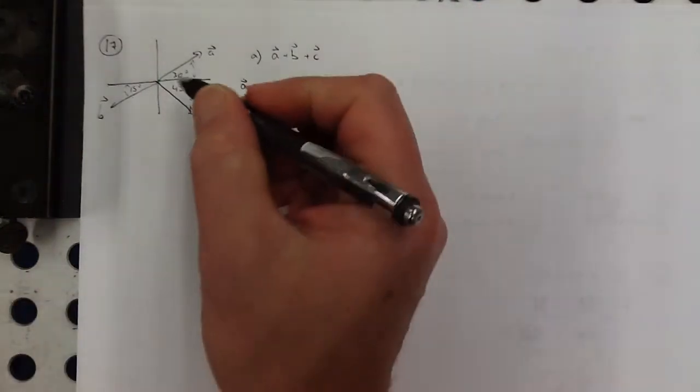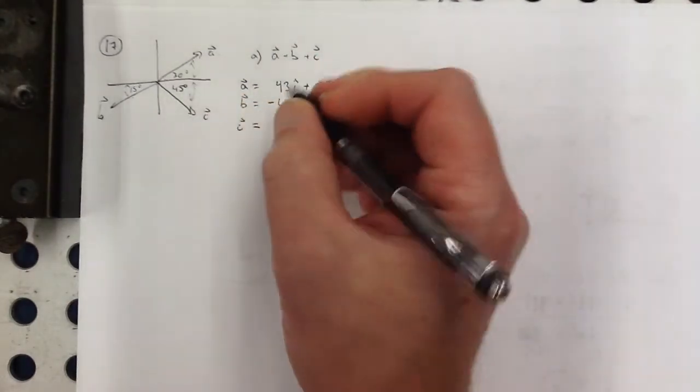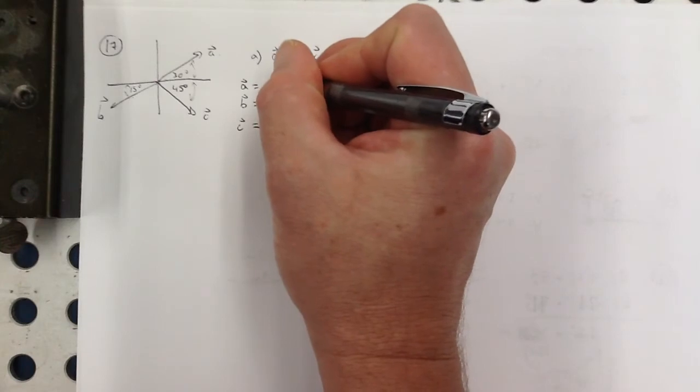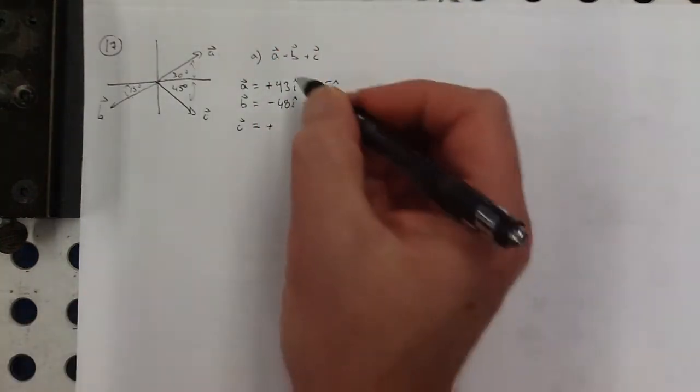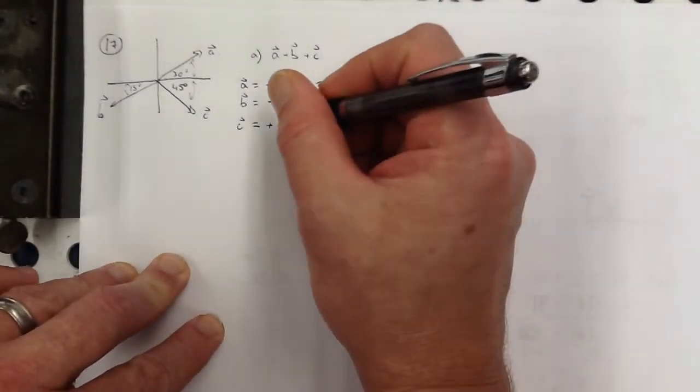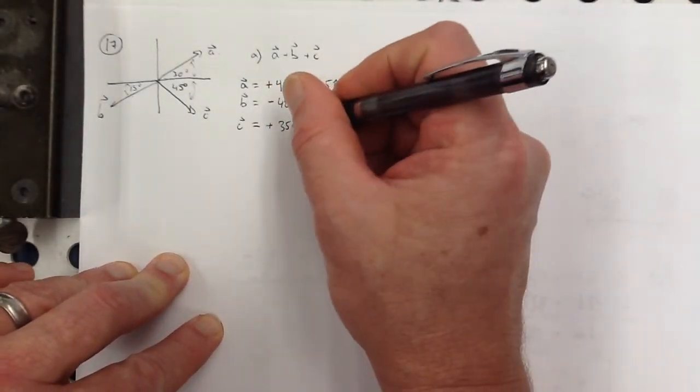And then vector C, I got positive, negative. Put a positive on that too, just to make doubly sure that we're paying attention to direction. This is 45 degrees, so whatever I get here for 50 cosine 45, that's going to be the same for both. 35 i, 35 j.